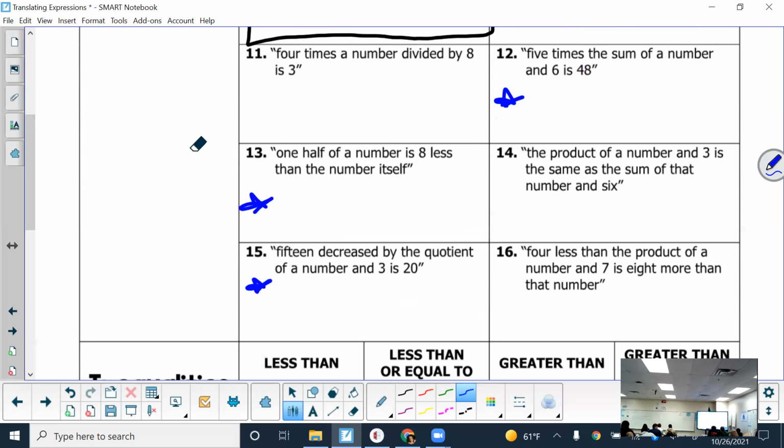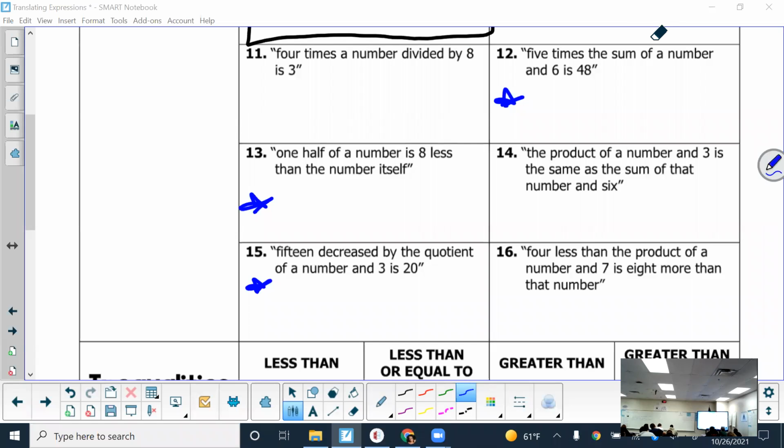So these 3 that I started, you try. All right, what did you write for 5 times the sum of a number and 6 is 48? Good. And if you put the 5 on this side, that's fine too, where my mouse is. But good, just make sure those parentheses are in there. Questions about that?